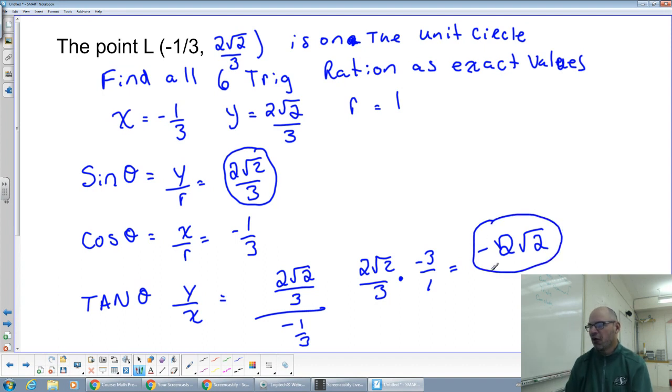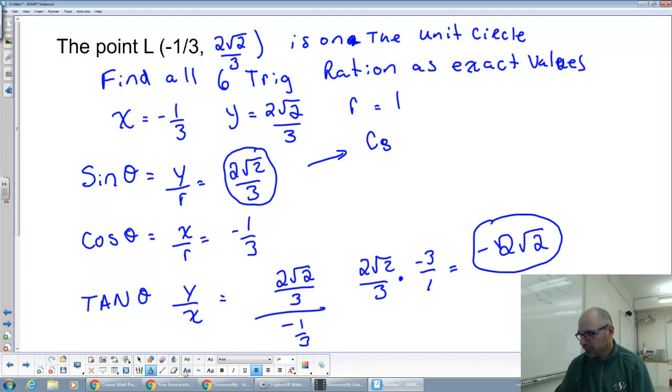Okay, now we can figure out our reciprocal ratios based on those. So sine goes with cosecant. So cosecant is going to be the reciprocal of this. Actually, I'll do it on the bottom so that it's neater. Otherwise I'll be trying to stuff it all in here.